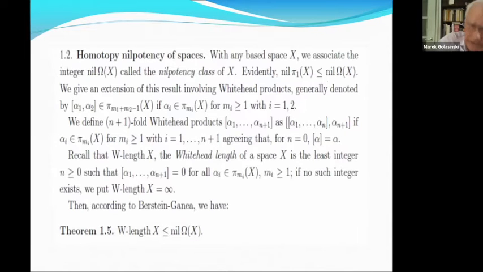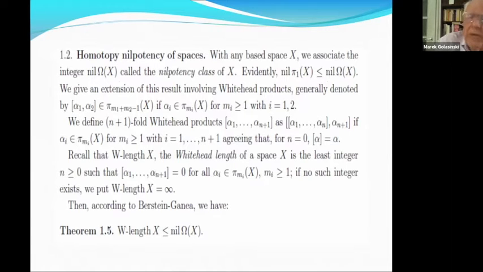And this notion, which first was introduced for H spaces, could be extended to any topological space. Namely, it is well known that if you have any space and you consider the loop space on this, then the loop space is a group-like H space.